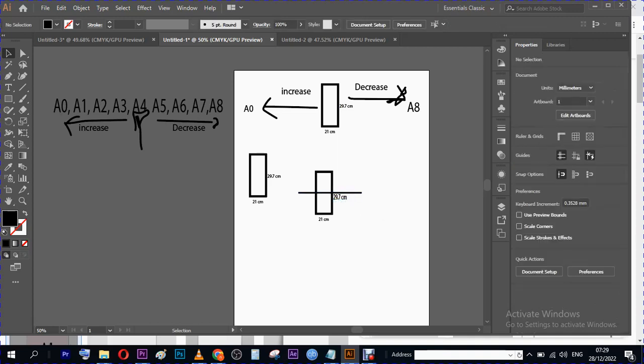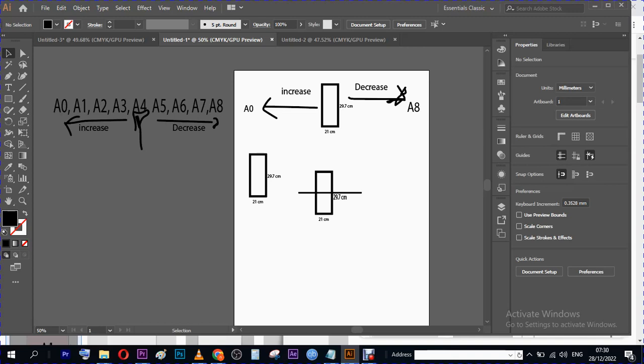So this was an A4. Okay, this was an A4. So if we happen to divide it in the middle, we are creating an A what? An A5. Okay, so if we divide an A4 in the middle, it means we are basically creating an A5.